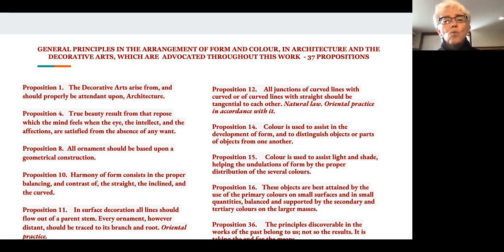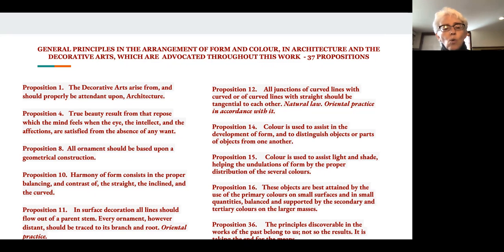So proposition 1, decorative arts arise from and should be properly attendant upon architecture. So art, architecture. Proposition 4, true beauty results from the repose which the mind feels when the eye, the intellect, and the affections are satisfied from the absence of any want. We'll see how that applies to the smoking room.